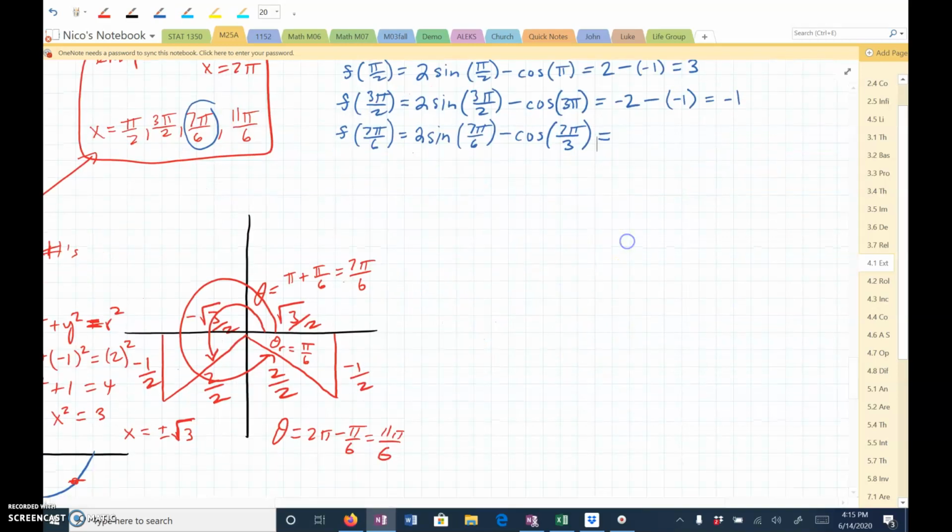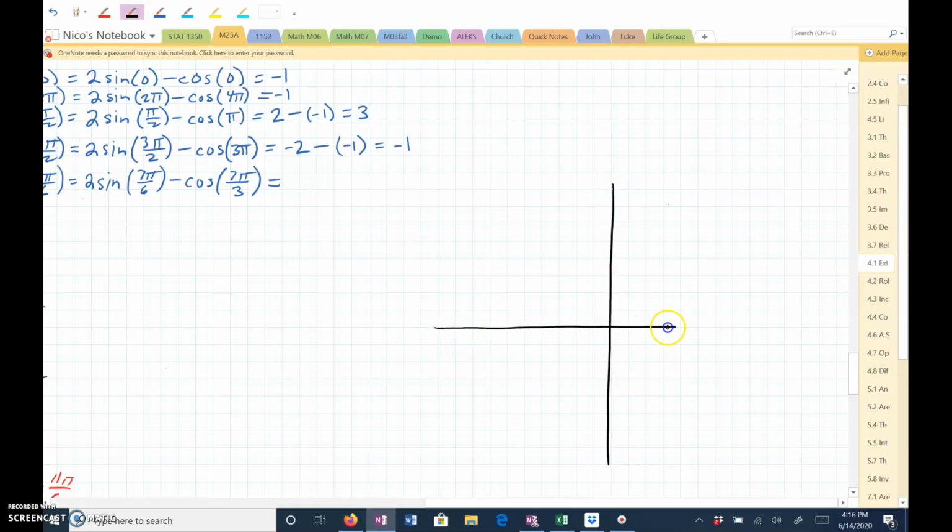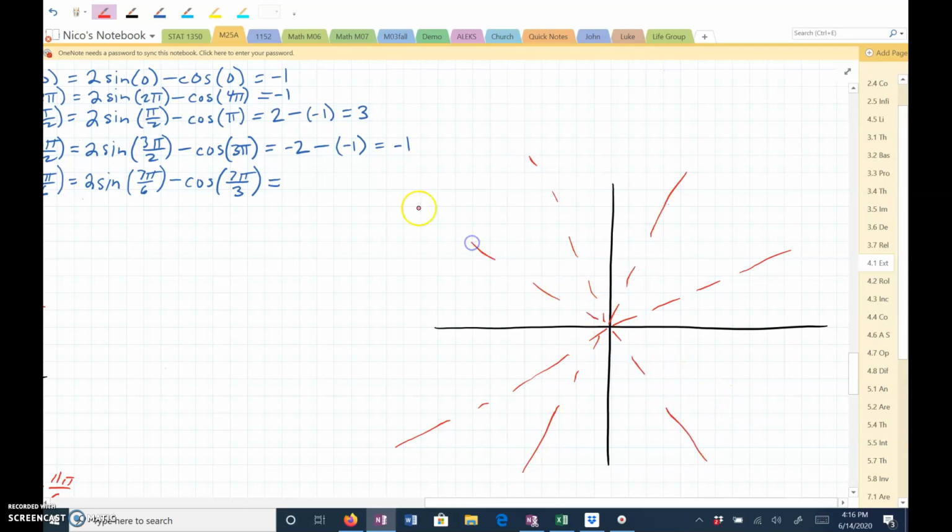Let's count: pi over 6, 2 pi over 6, 3 pi over 6, 4 pi over 6, 5 pi over 6, 6 pi over 6, 7 pi over 6.